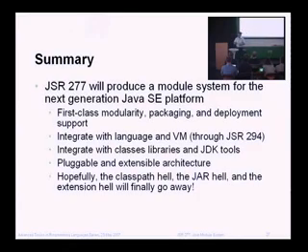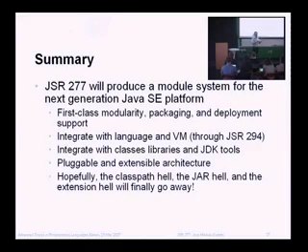It will provide first-class modularity, packaging, and deployment support that are built into the underlying platforms. And it will also provide a seamless end-to-end development and deployment experience by integrating it with the language and the VM through JSR 294, which is the super package JSR.